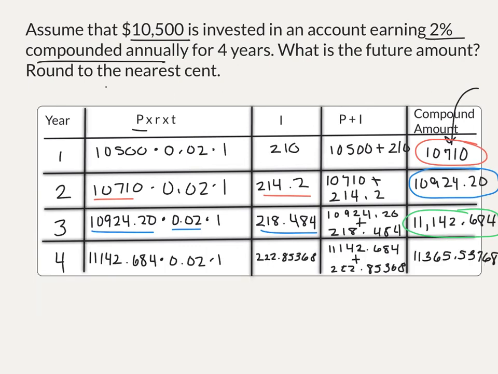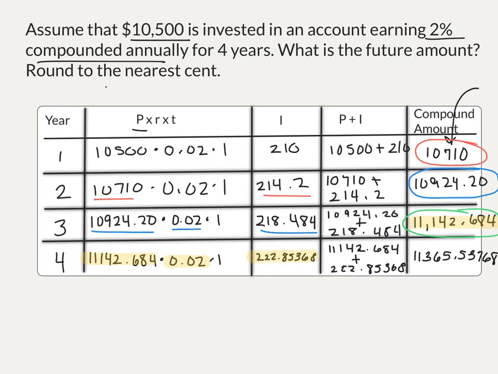Okay, so for our last year, year 4, we're just going to take 11,142.684 and plug it into our principal for year 4. And then we'll multiply it by 0.02, and we get an interest amount of $222.85368.